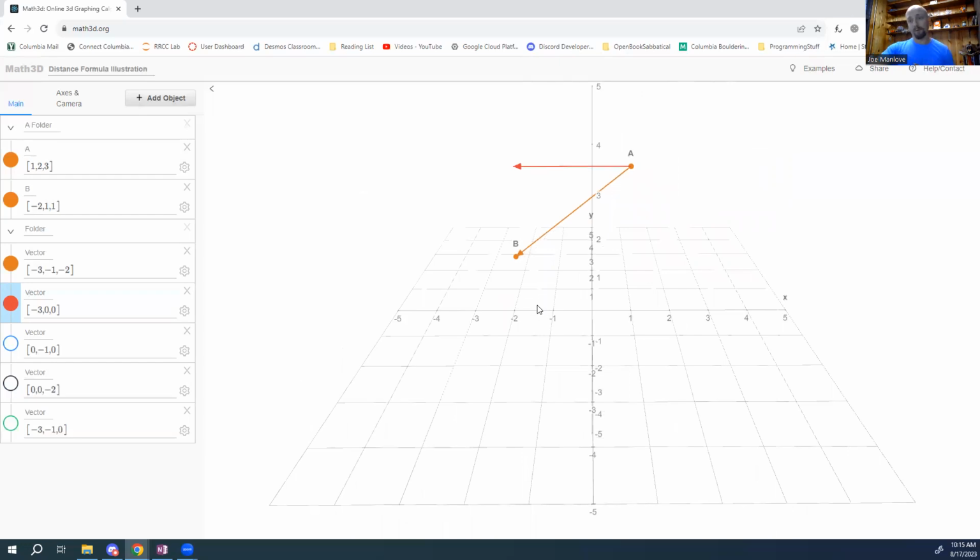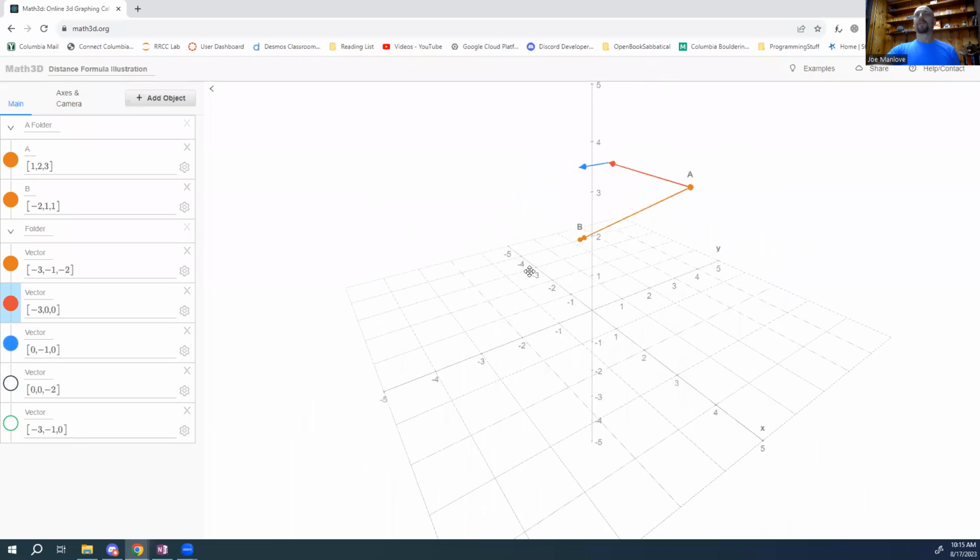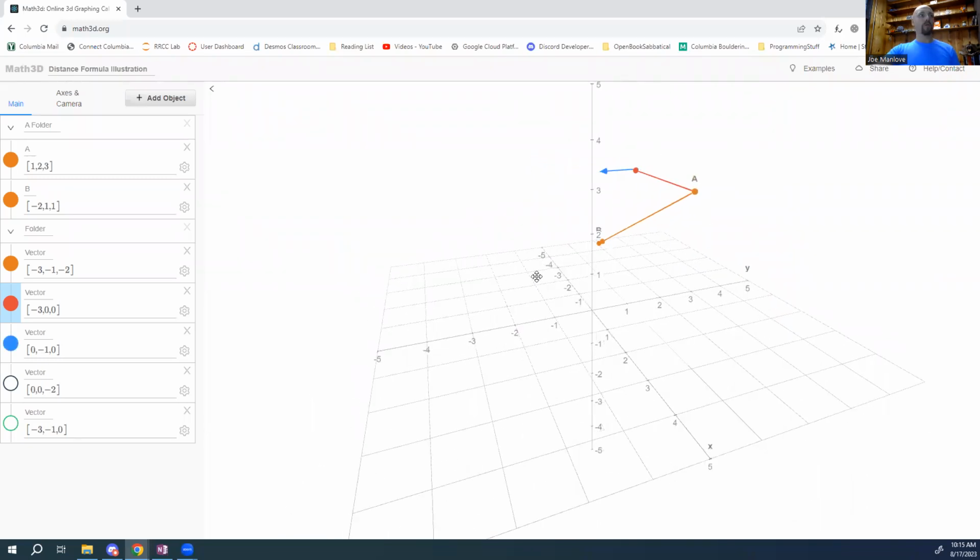We need to get all 3 of them to agree. So our next step is, in the y's, we need to go from 2 down to 1. So we need to apply a -1 in the y direction. So it needs to come towards me, out of the screen 1. So there's my kind of over.